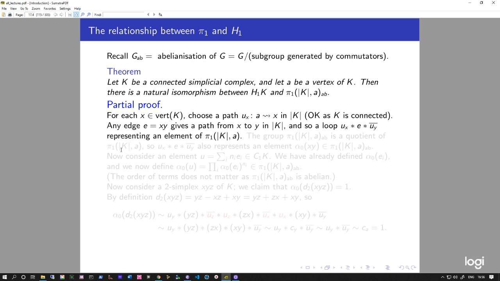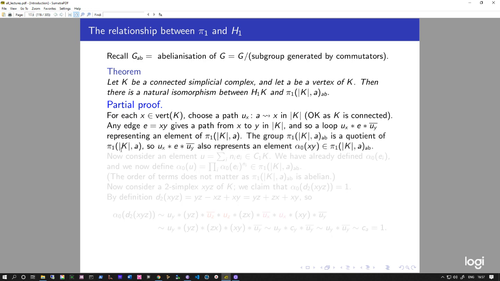Okay, so now suppose we've got some arbitrary edge E from x to y in K. So that gives a path from x to y in the geometric realization, and then we can compose that with the ux and the uy: we do ux first and then we go along E and then we go backwards along uy, so that's uy bar. So that gives us a loop, which is an element of pi1 of the geometric realization.